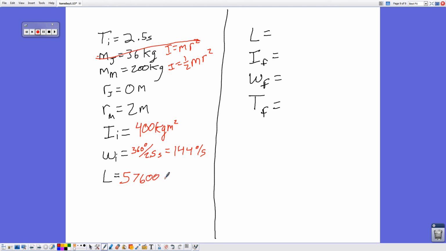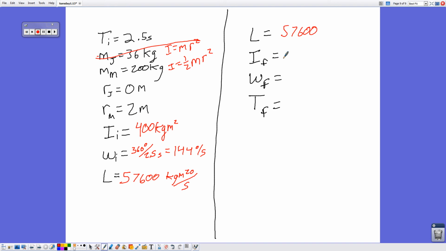That would be kilogram meters squared degrees per second. Wow, that's ugly. Alright, but in any case, there we go.